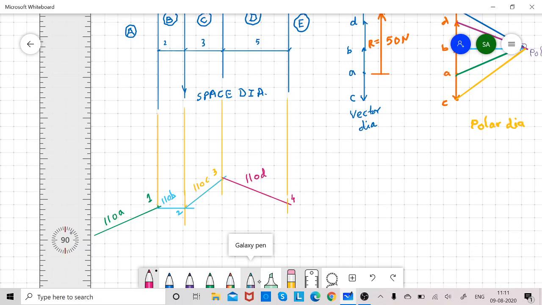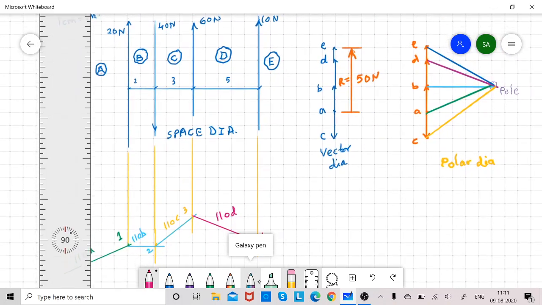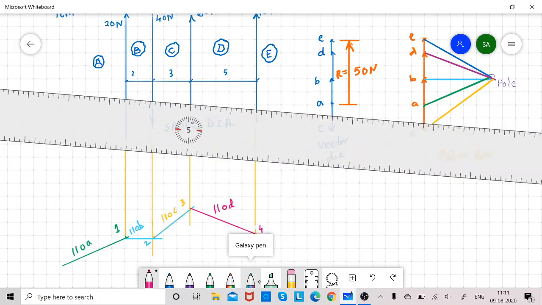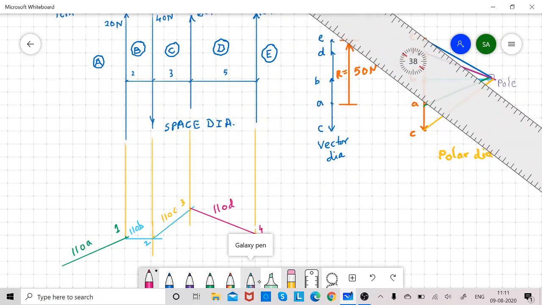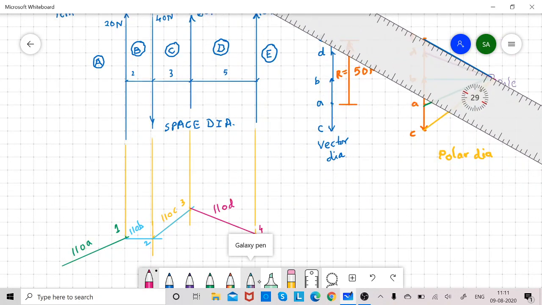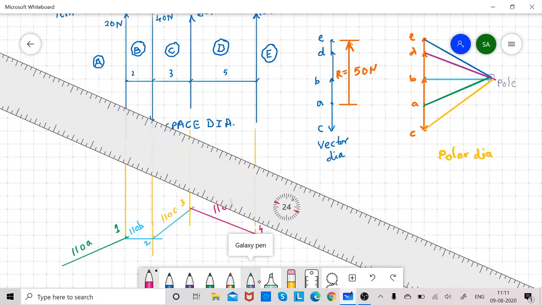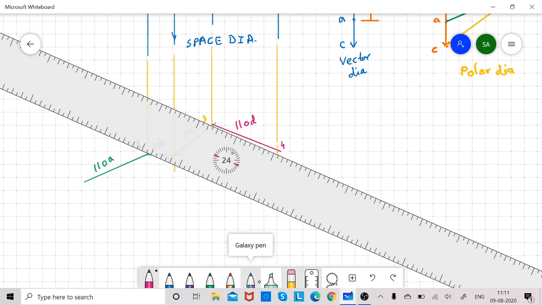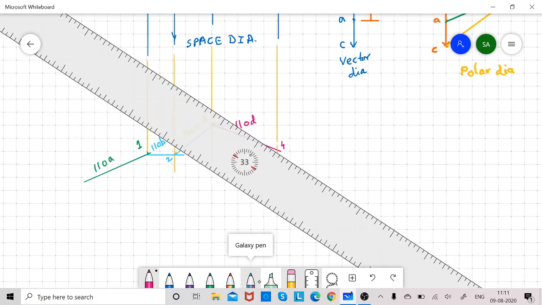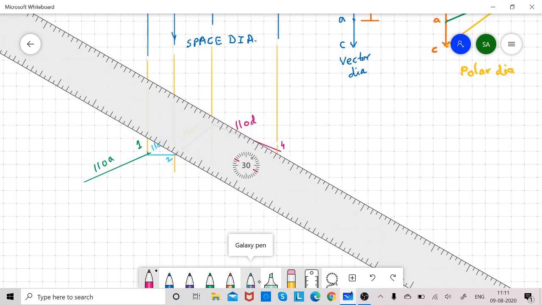Now from point 4 in space E, draw a line parallel to OE.